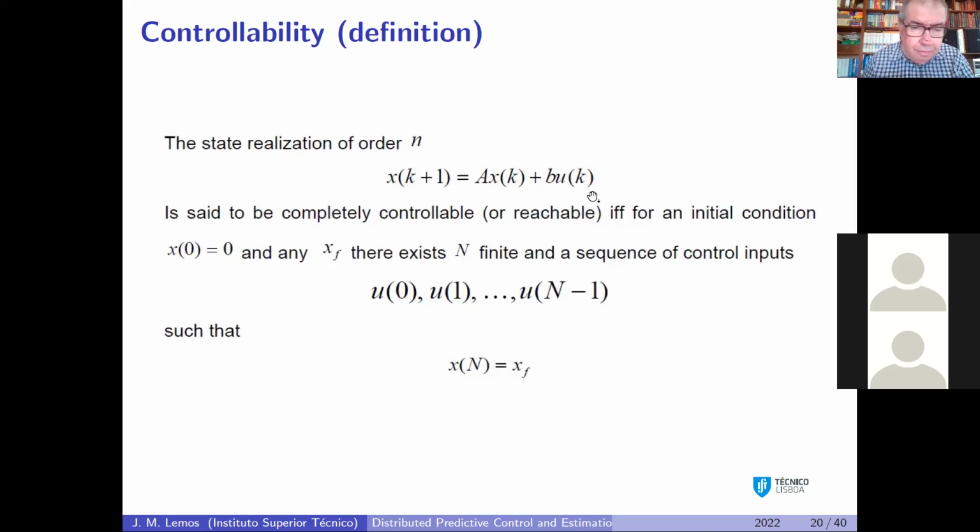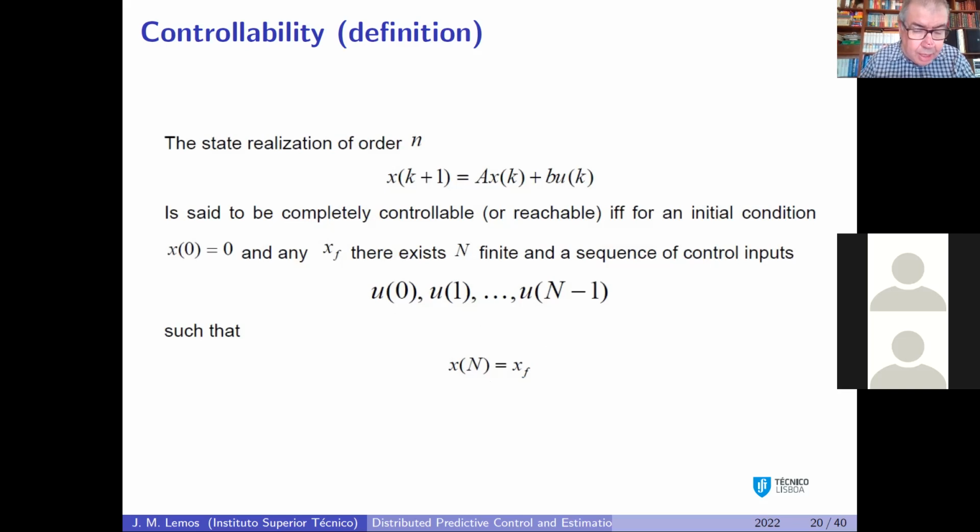If and only if, for an initial condition at the origin, I can find a sequence of control inputs, u0, u1, up to u of capital N minus 1. Well, this capital N is a convenient number, such that wherever I specify this xf, x of N will be equal to xf.